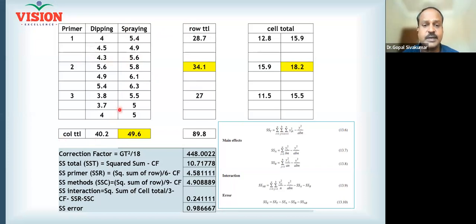Now, when I add all the 18 numbers, that will give 89.8. That will be equal to the sum of column totals, or the sum of row totals. Either way it is.